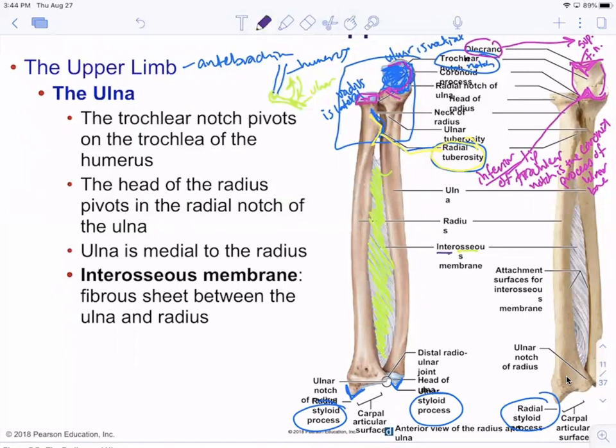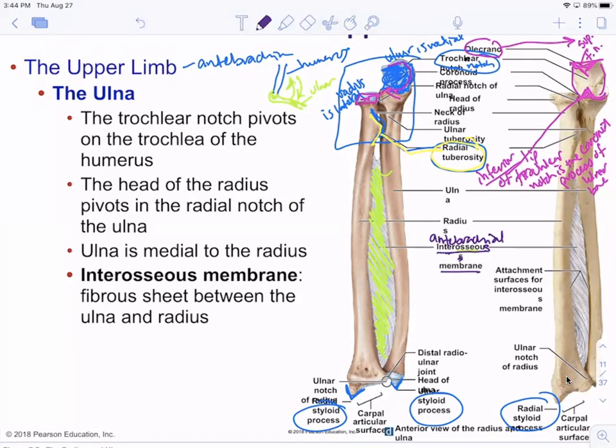So inter means between, osseous is referring to bones. It's a membrane in between the bones. And this interosseous membrane is the antebrachial interosseous membrane because it's between the radius and ulnar bone in the antebrachial area.